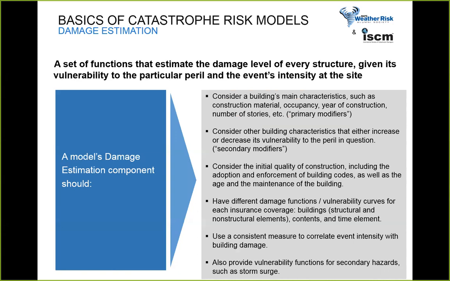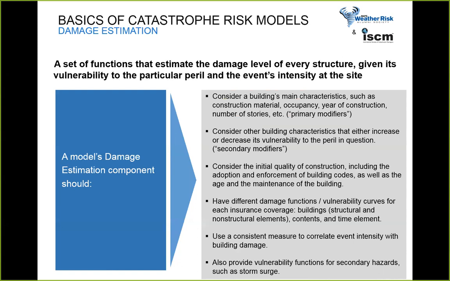So these damage functions, or vulnerability curves as we interchangeably call them, have to consider a building's main characteristics, such as what materials were used in its construction, what type of occupancy is in the building, year of construction, and so on. We call these in the industry the primary modifiers of the risk in question.